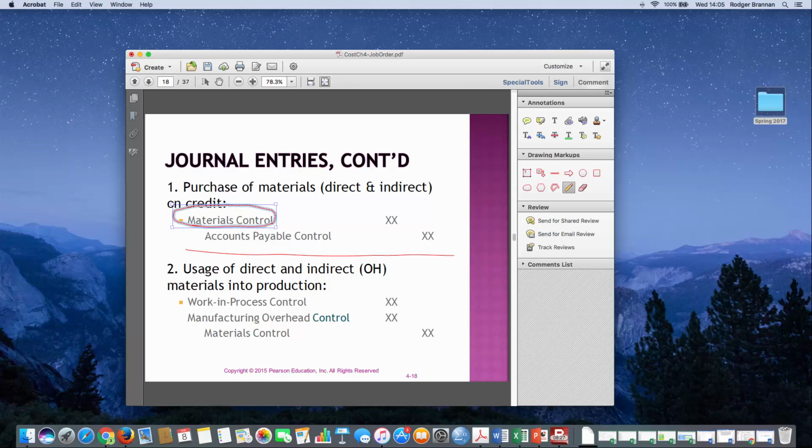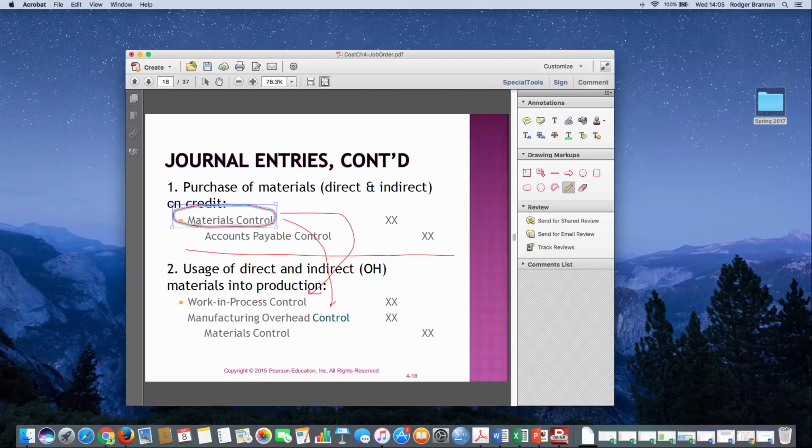So as the materials flow out into work in process, a series of debit and credit entries are going to be made. Now, materials are taken out and they can be placed into one of 2 places. If it's a direct material, it goes into work in process. If materials are deemed to be an indirect cost, such as paint, oil, something like that, then that debit entry will go into manufacturing overhead control.